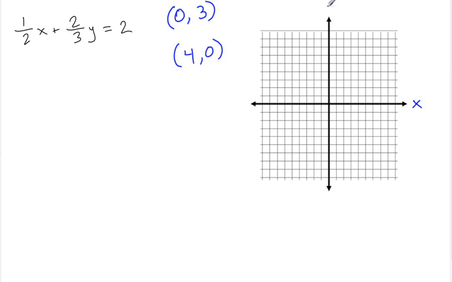There's my x, there's my y, and I plot my point. 0, 3. 0 means nowhere to the right, nowhere to the left. 3 is positive. 1, 2, 3. Excuse me. 4, 0. 4 means to the right 4. 1, 2, 3, 4. 0 means not up any, not down any. That's right here.